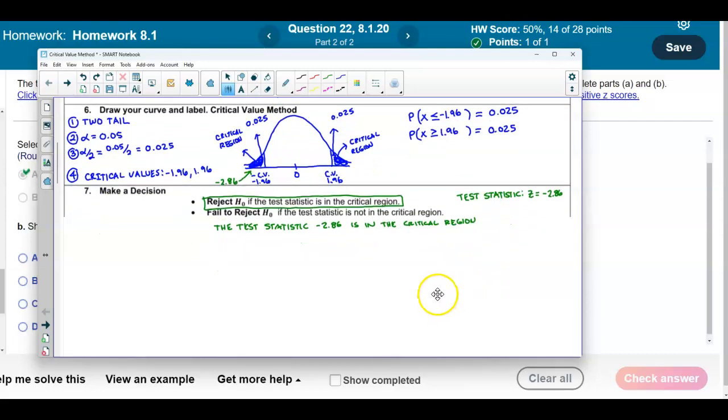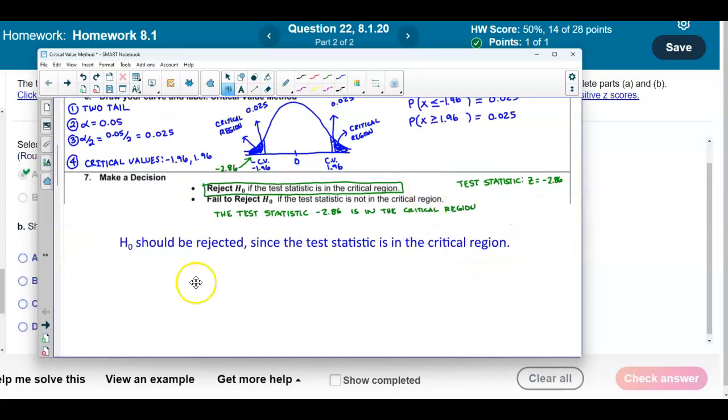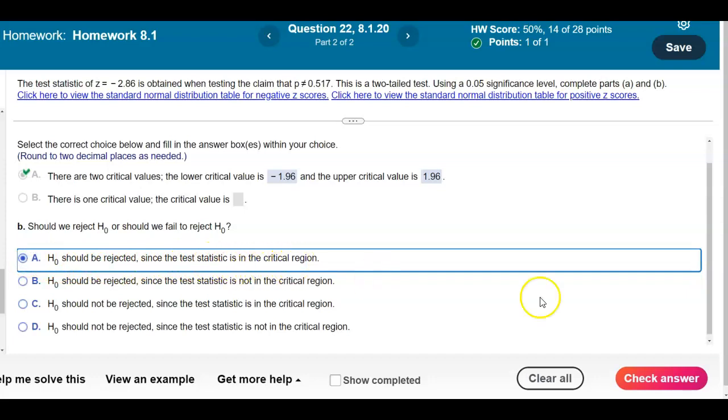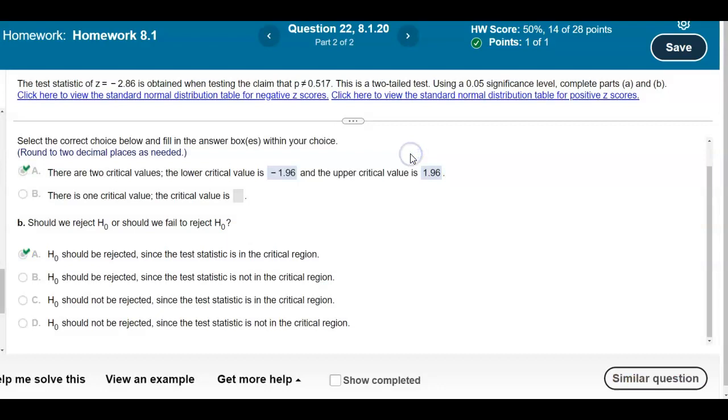And therefore, since it's in the critical region, the null hypothesis should be rejected since the test statistic is in the critical region. Checking our answer, and there is our result.